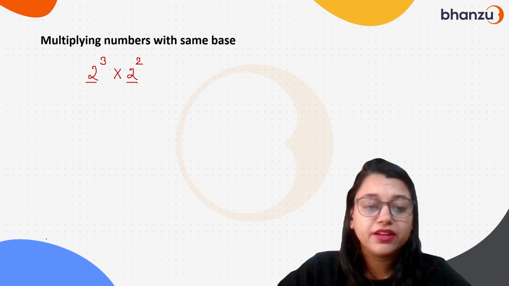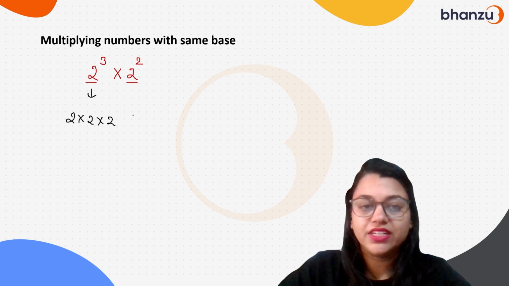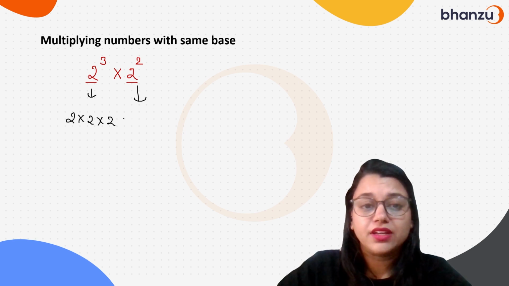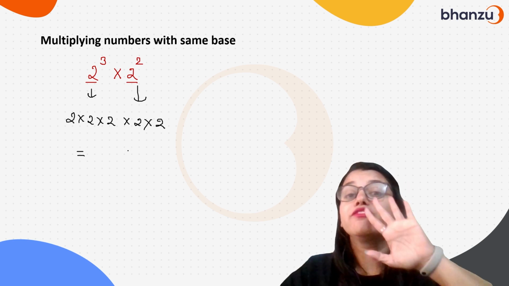Let us see the expanded form of it. We can write 2 raised to the power 3 as 2 into 2 into 2, meaning 3 times 2, right? And 2 raised to the power 2 can be written as 2 into 2, right? Now I can write this as 2 into 2 into 2 into 2 into 2, meaning I am multiplying 2 five times.